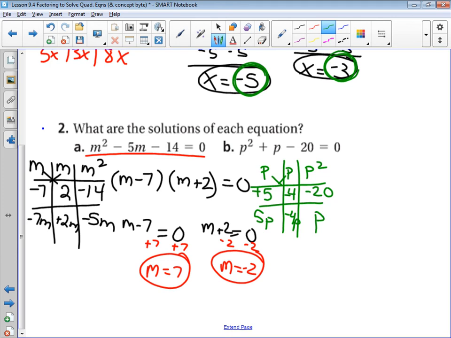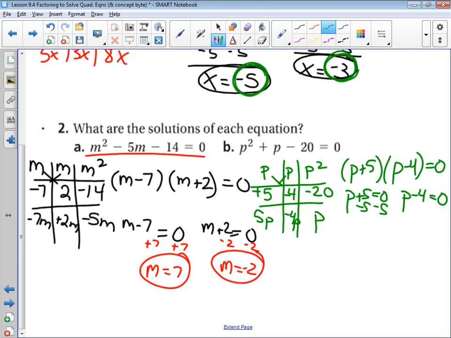So if you write this out in factored form, you get p plus 5 times p minus 4 equals 0. Set each of these binomials equal to 0. Solve each equation. P equals negative 5 and p equals positive 4.